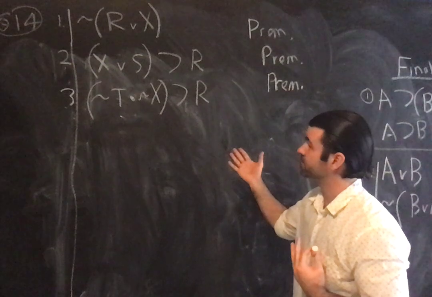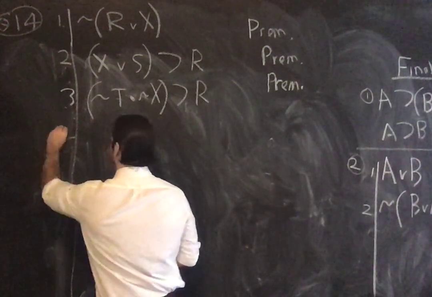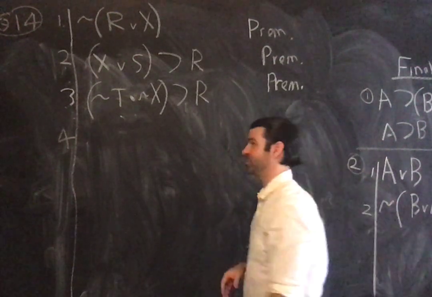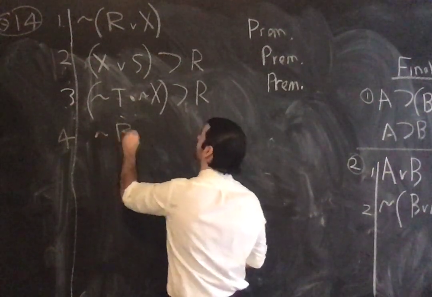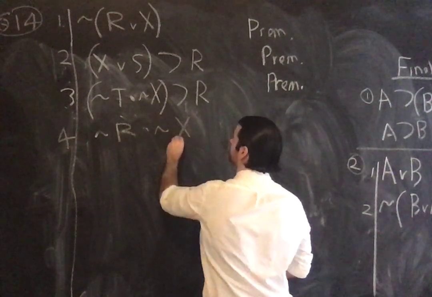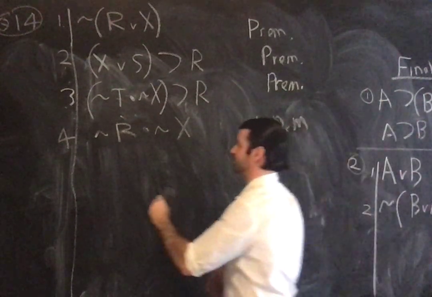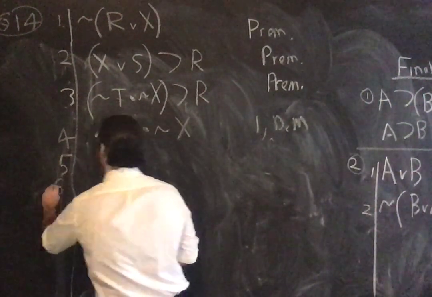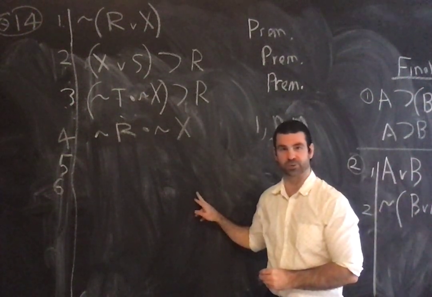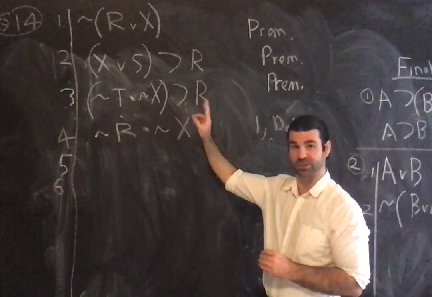So clearly, number one, there's obvious top-down reasoning to do on that. If you're familiar with De Morgan's, which you should be, you should see an application of De Morgan's waiting to happen. Not R and not X. One De Morgan's, which leads me to simplify the next two steps. It's a happy face because this should be a habit, a straight up habit. You see a negated disjunction, even if it's complex, even if those disjuncts are complex.